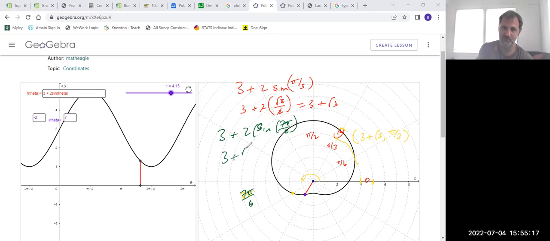So 3 plus 2 times -1/2. So it's really 3 minus 1, which is why we end up at 2. And yes, that's exactly right. This is the circle for 2, as you can see, because it tracks back around to here. And my direction here is 7pi/6.